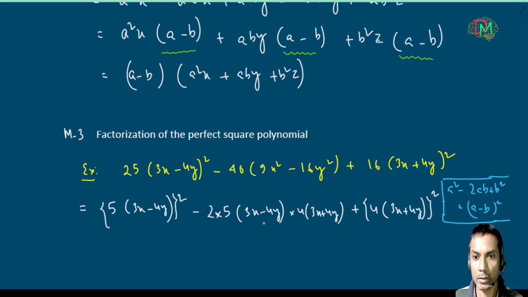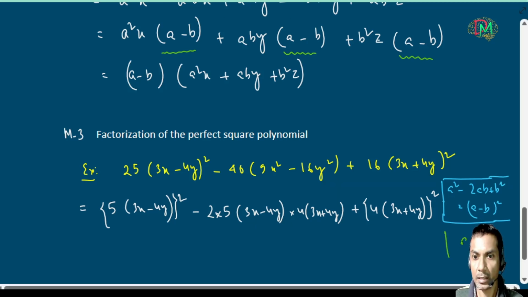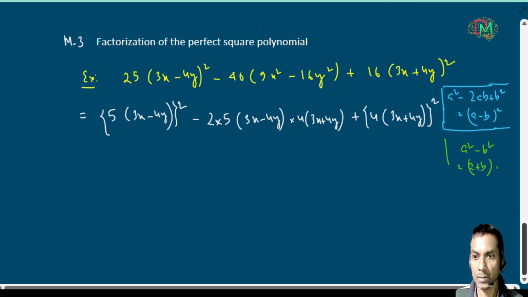So now here it is a plus b and a minus b. Here we apply another algebraic identity, a square minus b square is equal to a plus b into a minus b. It is hidden here.